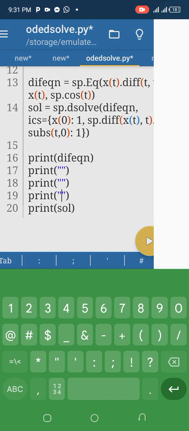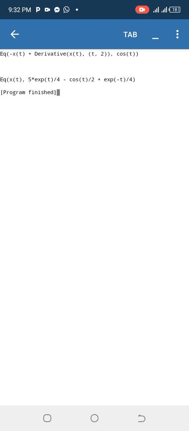So when I run, it should create a gap. So now I can see them clearly. My first equation is the differential equation. The last equation is the solution to the differential equation.